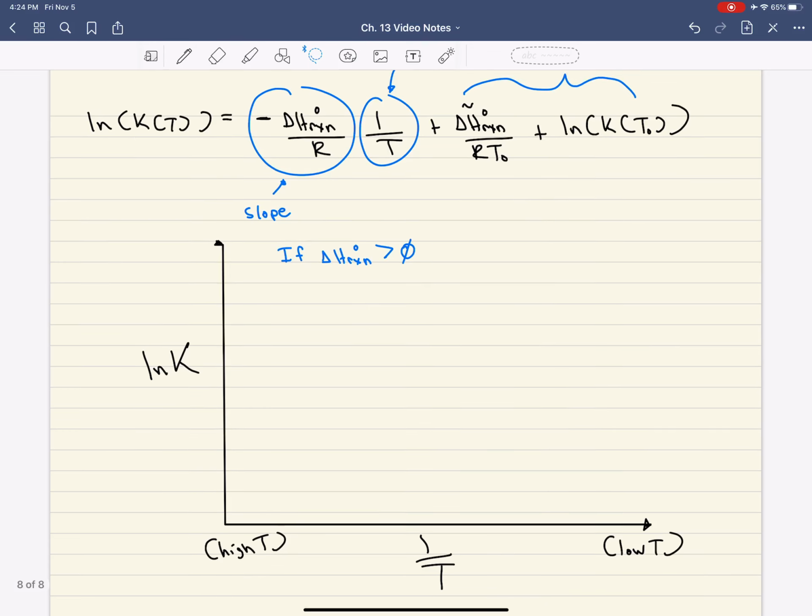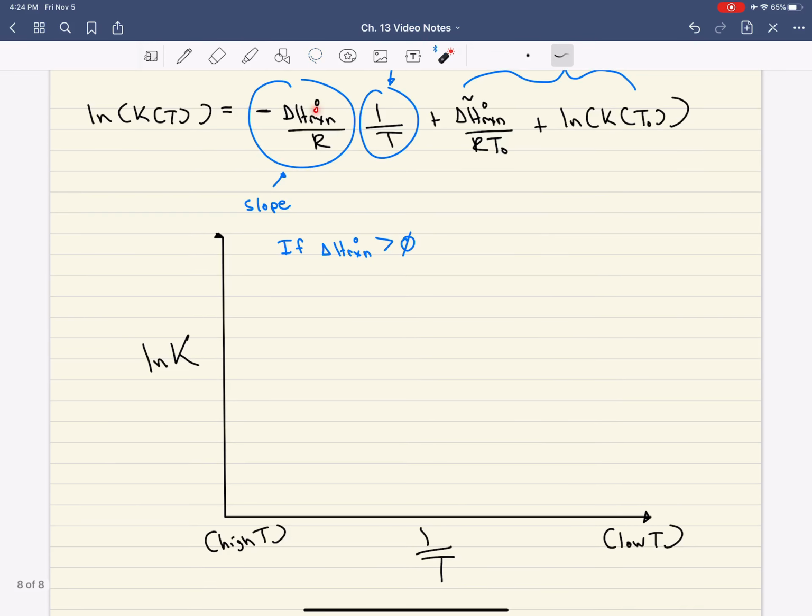All right, and so once again, if our delta H reaction is positive, this equation has a negative sign in it, so we essentially are going to have a negative slope. As we increase 1 over T, we're going to see a negative slope.